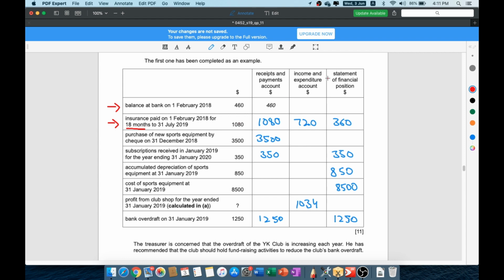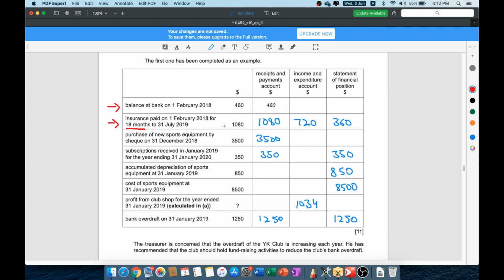But in the income and expenditure account, we're going to calculate, because in the income statement we only put the charge for the year of any expense or income for that matter. We only show whatever we gained or lost for this year. So because he said we paid insurance for 18 months, we only have to calculate the insurance for 12 months, which is 1 year, this year.